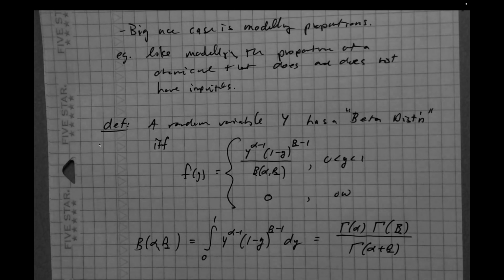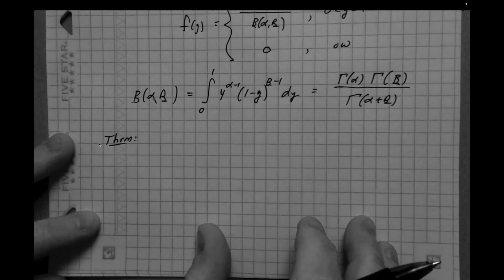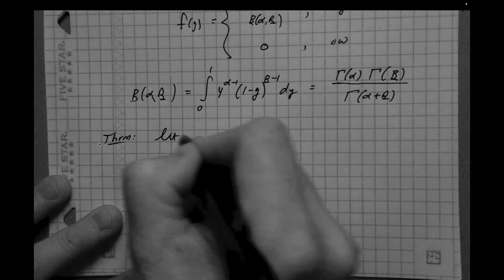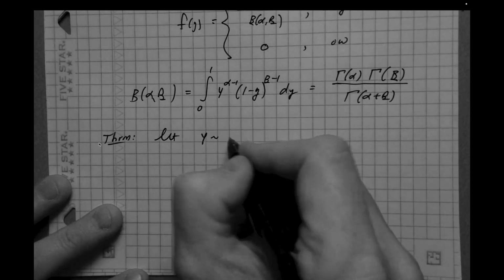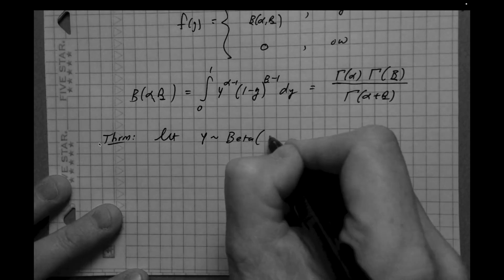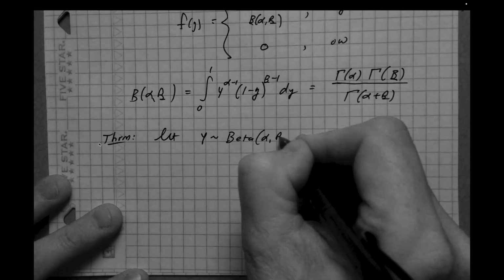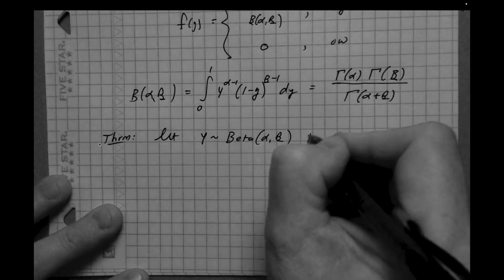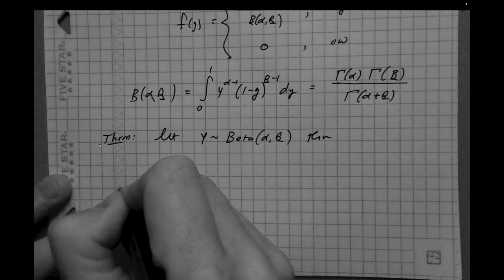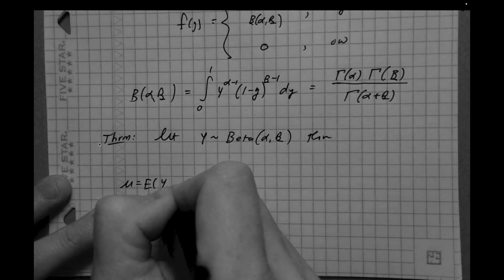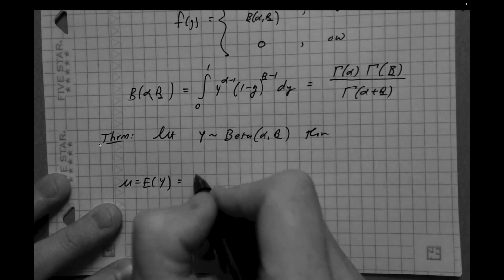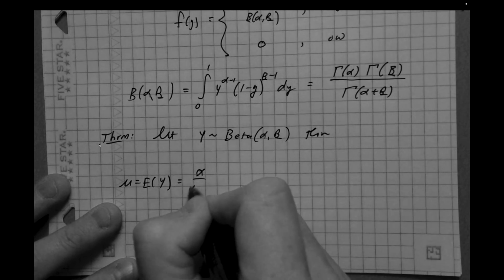Okay, and so then what about the mean and the variance here? Let y be a beta random variable with parameters alpha, beta. Then the expected value of y is equal to alpha over alpha plus beta.